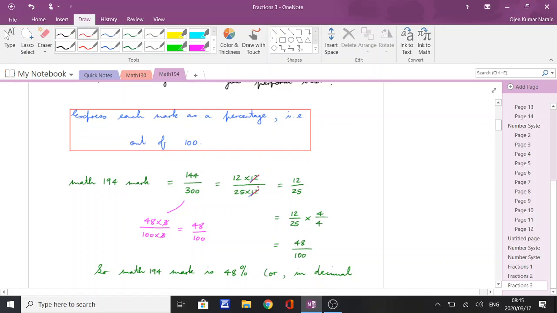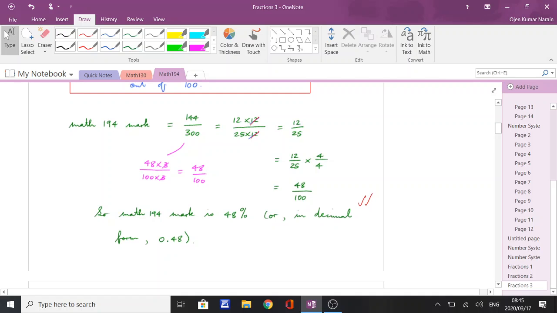So we have 12 over 25, which you can easily multiply by 4 over 4 to bring your denominator out of 100. So you get 48 out of 100, or 48%. Or in decimal, 0.48. Decimal, the total will be 1. So you had 48% for Math 194.